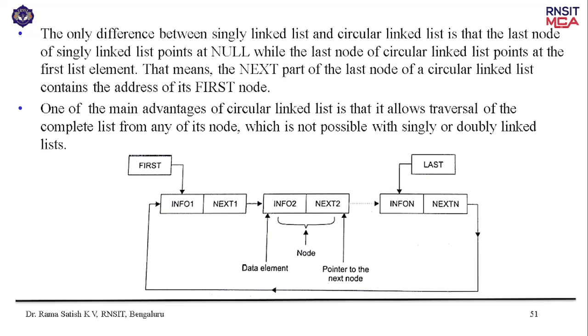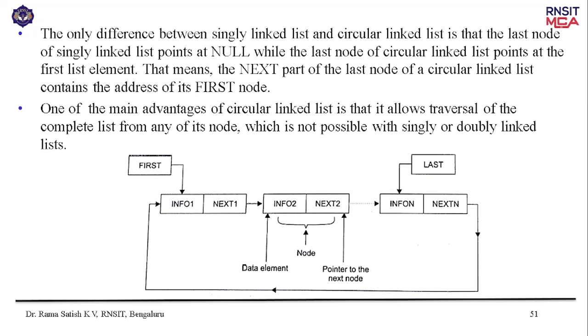One of the main advantages of a circular linked list is that it allows traversal of the complete list from any of its nodes, which is not possible in a single linked list. In a single linked list, you always have to start from the first node and end at the last node, and you cannot traverse again and again.